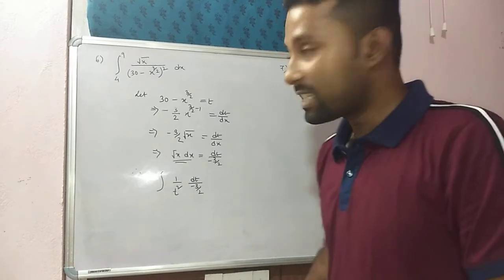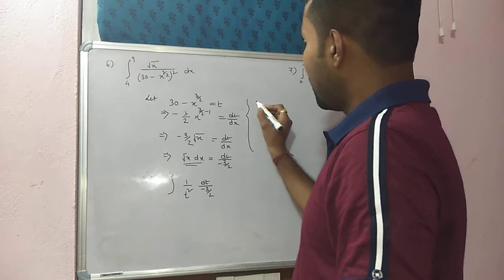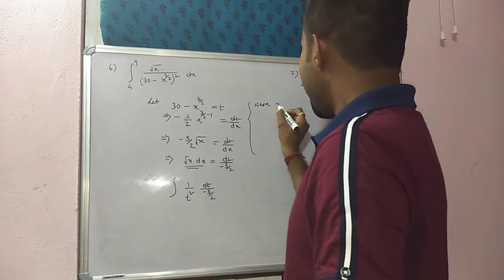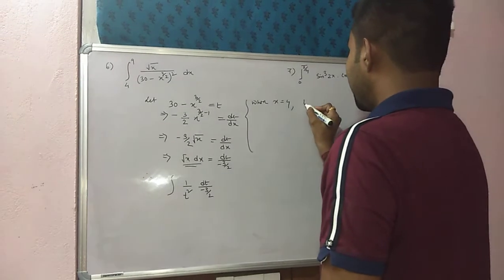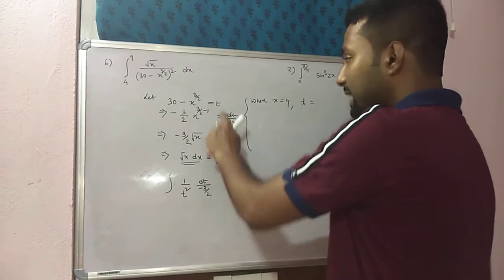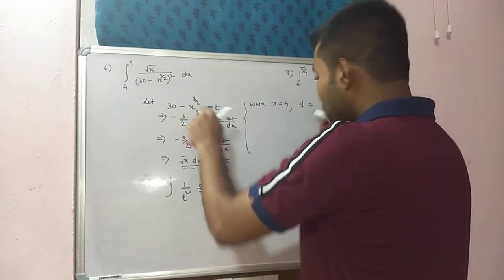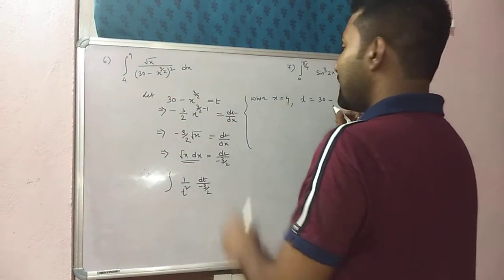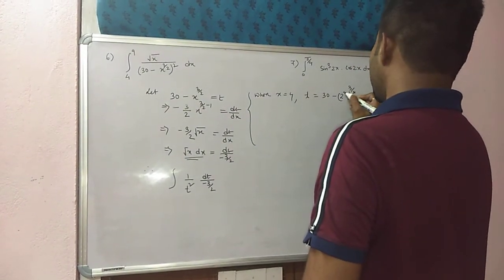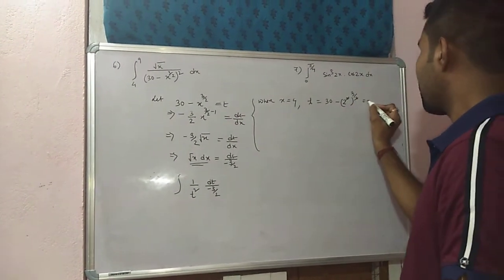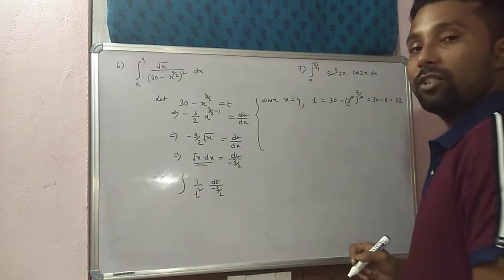So how can we change the limits? Let's see. What is the lower limit here? 4. That means when x is equal to 4, then t is equal to, we have to find the value of t because the integral is in terms of t only. Put it here: 30 minus x, with x being 4 meaning 2 square, whole thing to the power 3 by 2, so the square cancels, so 30 minus 2 cube, that is 8, which is equal to 22.